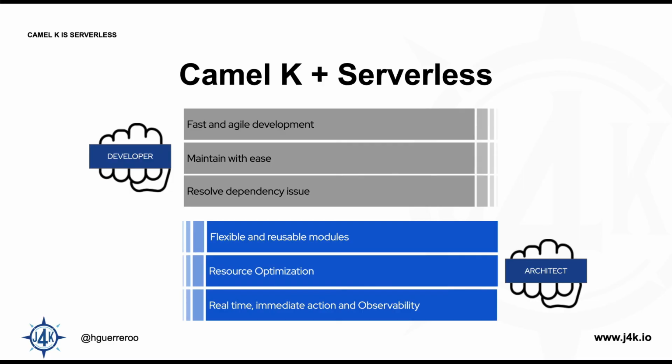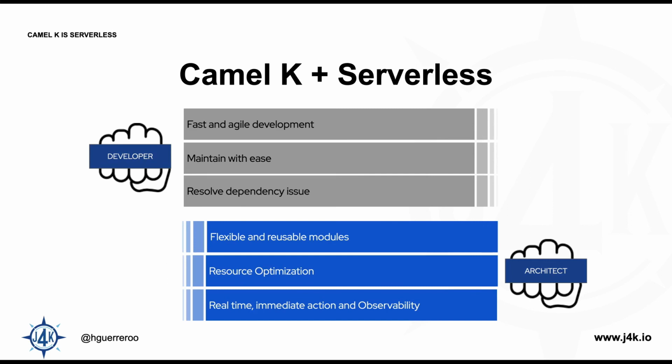Camel K plus serverless, it's awesome, as you have seen. From the developer's perspective, you can get this fast, agile development environment where it's easy to maintain, focusing just on the actual code and delegating the rest to the platform. It's very easy to have this magic dependency resolution and just focus on the actual business logic.